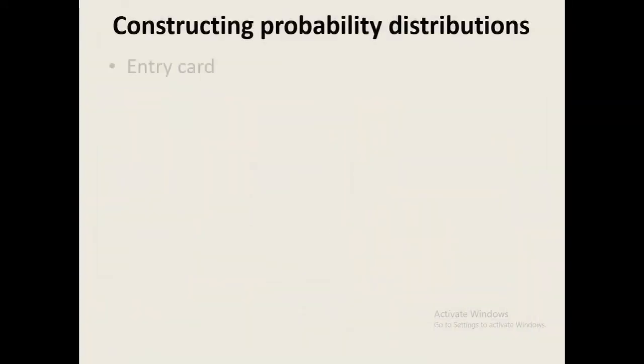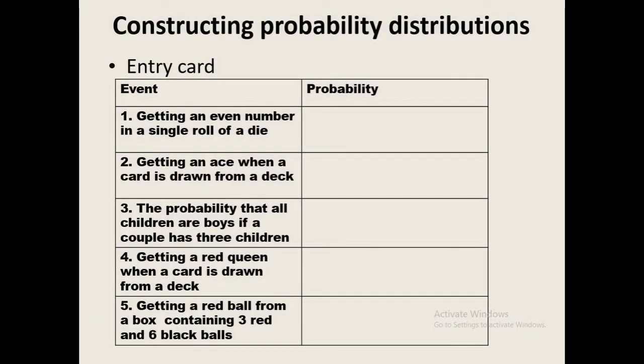Here are the answers on the entry card. Number 1, getting an even number from a single roll of a die. The probability is 3 over 6 or 1/2. Number 2, getting an ace when a card is drawn from a deck: 4 over 52 or 1 over 13.